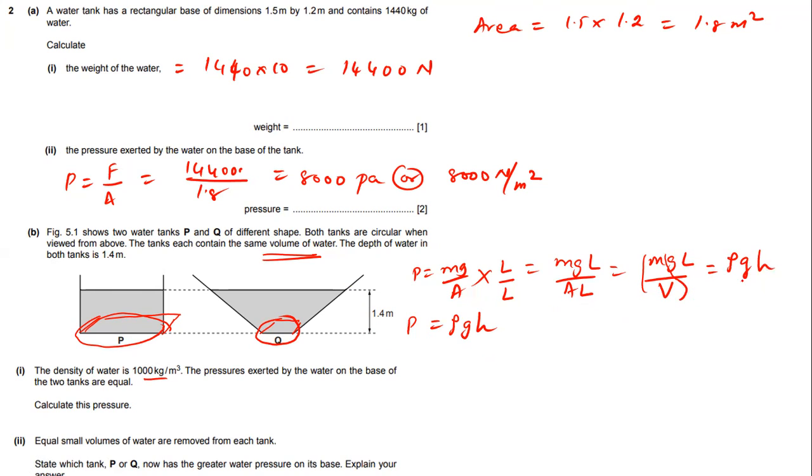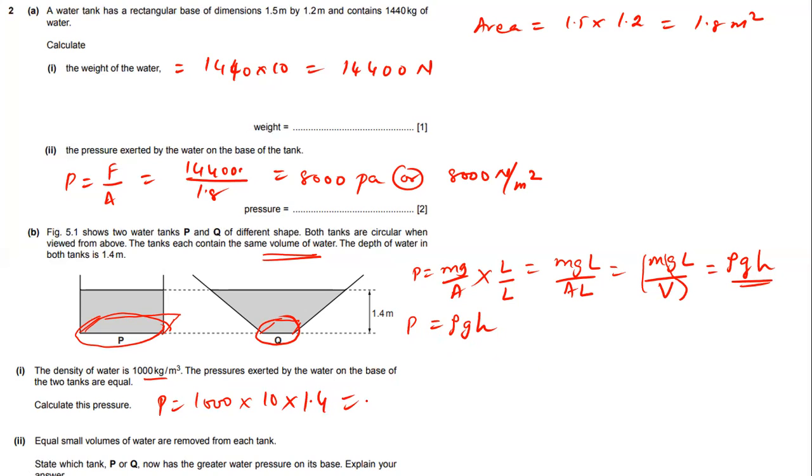It could be this height. So you get this expression once again, right? When I do this, I need density, I need gravity, which I already know, and the height. So don't I get the pressure? Okay, so now calculate the pressure here. Your pressure will be equal to 1000 multiplied by 10 multiplied by 1.4.